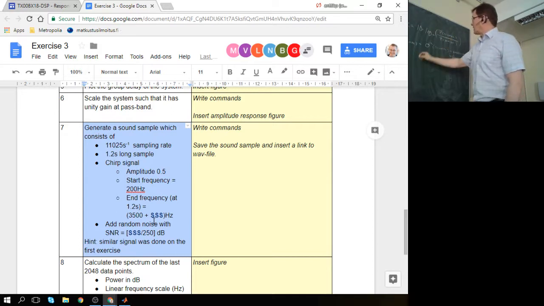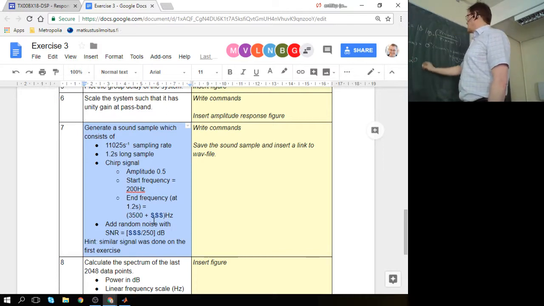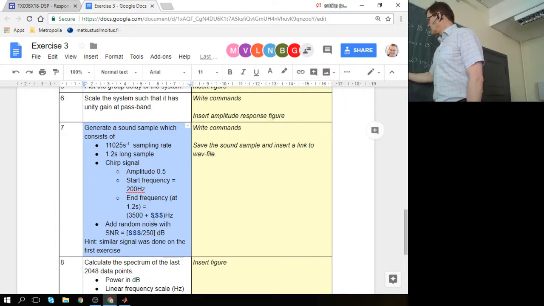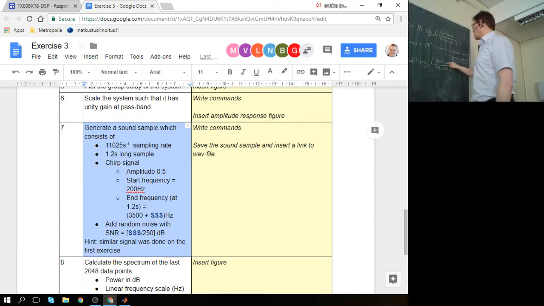So I can take the square out. Then I have 20 times log base 10 of the standard deviation of the signal divided by the standard deviation of the noise. You know this. You can measure that. What you do not have yet is the standard deviation of the noise.